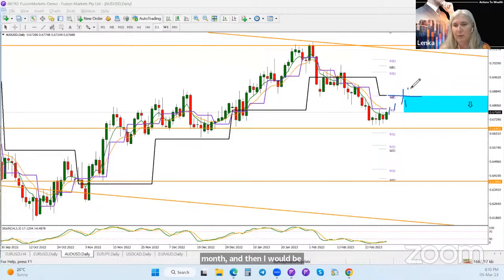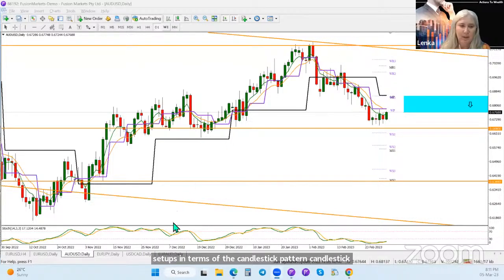Possibly there could be a false break and retest here as well. Therefore, I would be looking for the short after that. Or we could have just a pin bar or something like that, like this. And then I would be looking for short there. Okay, so I'm looking for different short setups in terms of the candlestick patterns.